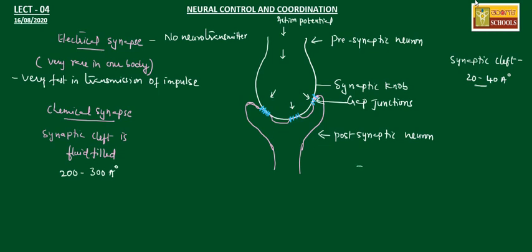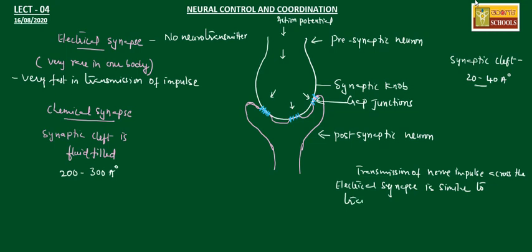So the transmission of nerve impulse across the electrical synapse is similar to the transmission of nerve impulse along the axon.